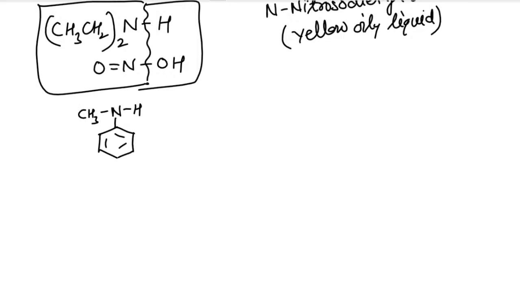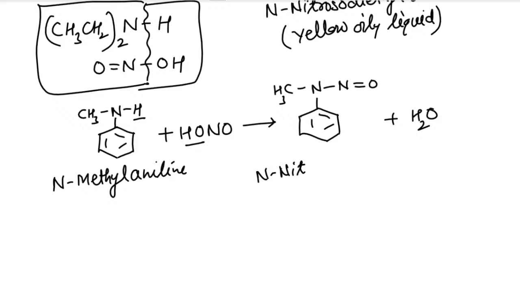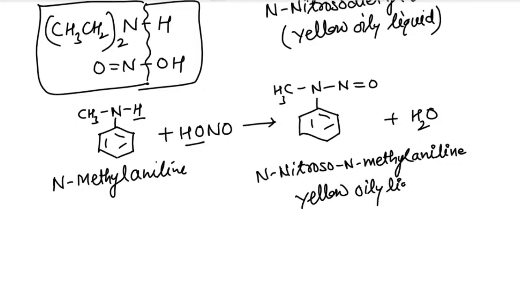Let us say this is the reactant, N-methylaniline. So N-methylaniline, when it reacts with nitrous acid, we get obviously HOH removed, and we get this product along with water, that is N-nitroso-N-methylaniline. That is the yellow oily liquid.